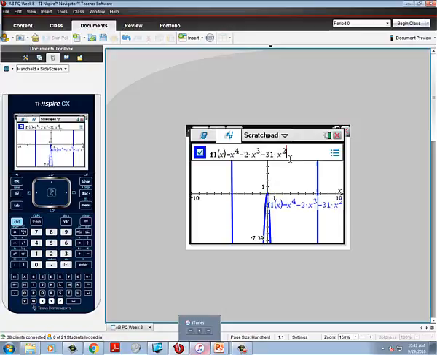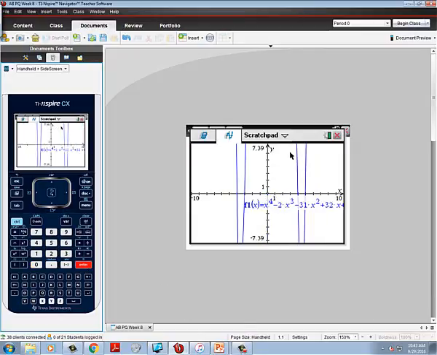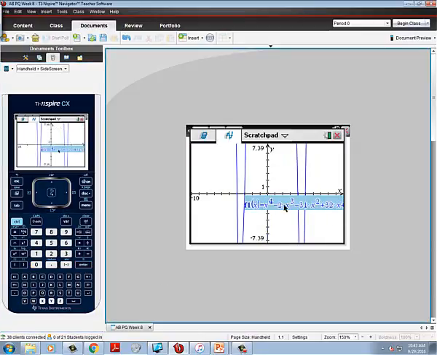Nope, not that. And then plus 32x, and then plus 240. Hit enter. And then it wants us to find the zeros. It is a 4th degree, so we'd have to find 4 zeros.